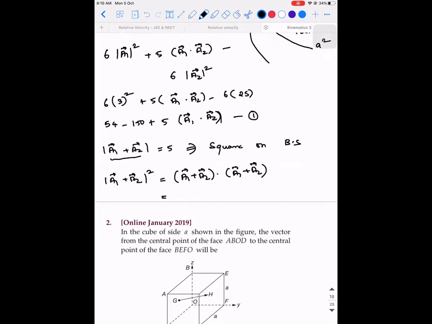Then this will be magnitude of a1 square plus magnitude of a2 square plus 2 times a1 vector dot a2 vector. If you observe, this is nothing but your parallelogram law of vectors. I hope this point is clear.